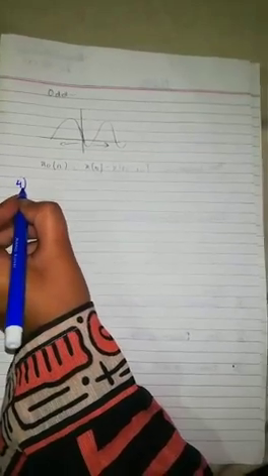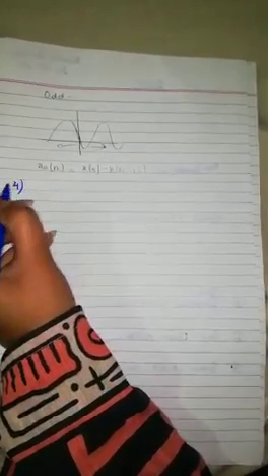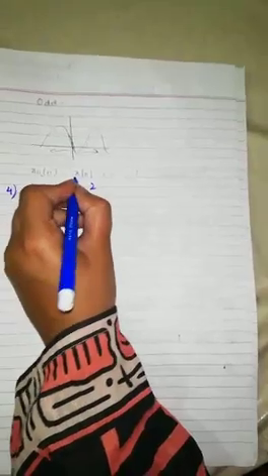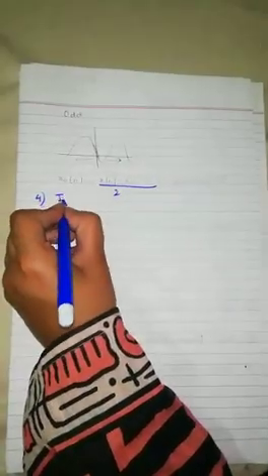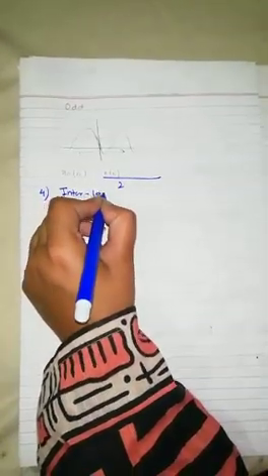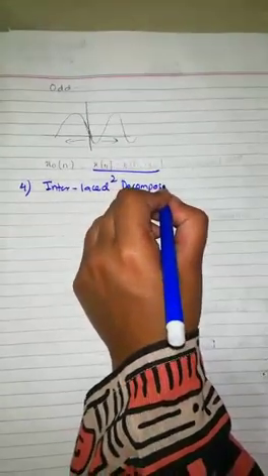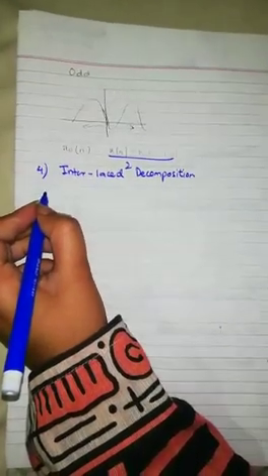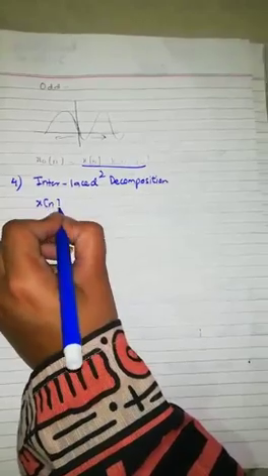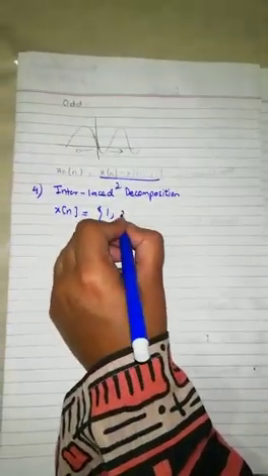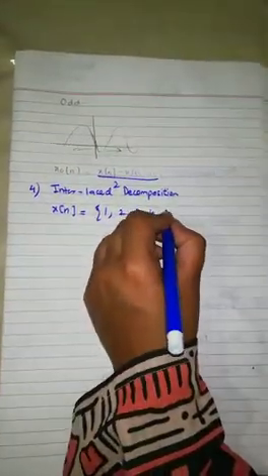Now the fourth kind of decomposition is interlaced decomposition. In interlaced decomposition, we divide a signal into even and odd signal indexes. For example, x[n] is equal to 1, 2, 3, 4, 5.